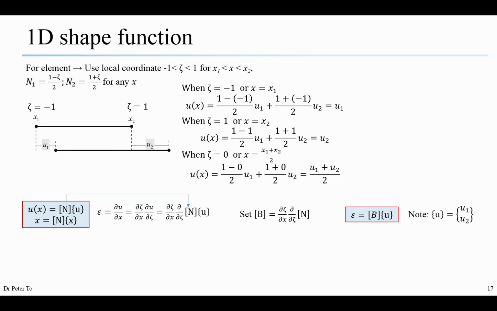This way, we substitute into the strain calculation, and we have epsilon equal to d zeta/dx times the derivative of N by zeta times the nodal displacement vector. If I set B equal to d zeta/dx times dN/d zeta, I have epsilon equal to the matrix B times the displacement vector u, where u is the nodal displacements u1 and u2.